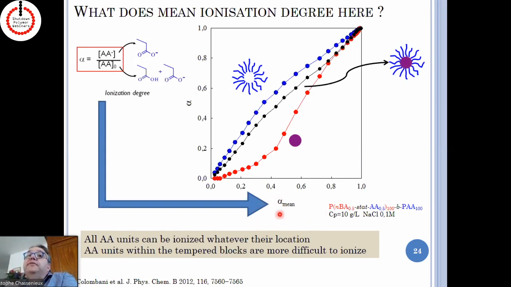Okay? But you can ionize it without any difficulties. Okay? So when I discuss ionization degree, I will always focus on the average ionization degree, the core of the micelles being more difficult to ionize than the corona of the micelles.